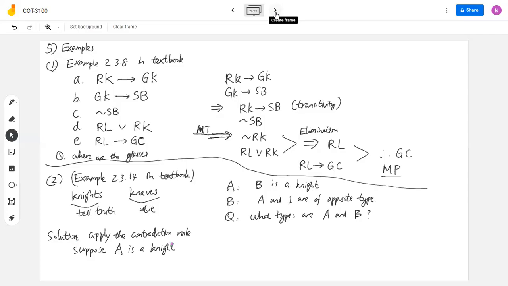Then what can we infer? If A is a knight, then A always tells the truth. What A said is B is a knight, and therefore we can infer that B is a knight.